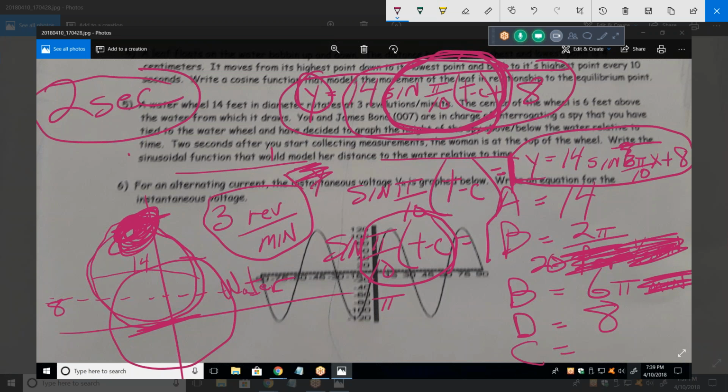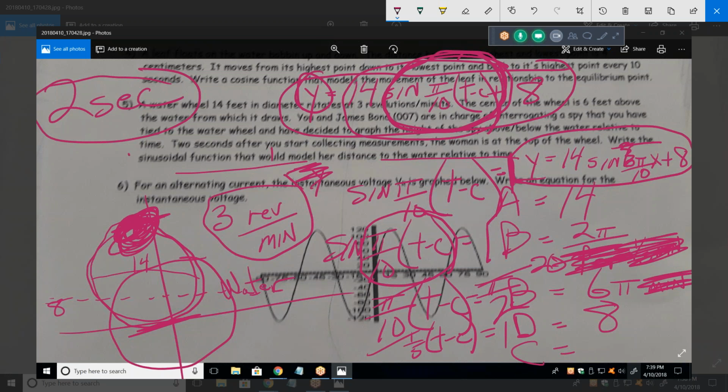In other words, pi over 10 times t minus c has to equal pi over 2, because that's where sine is equal to 1. So I get 1/5 t minus c equals 1. Can't solve that. I guess they're telling us that the phase shift is 0.